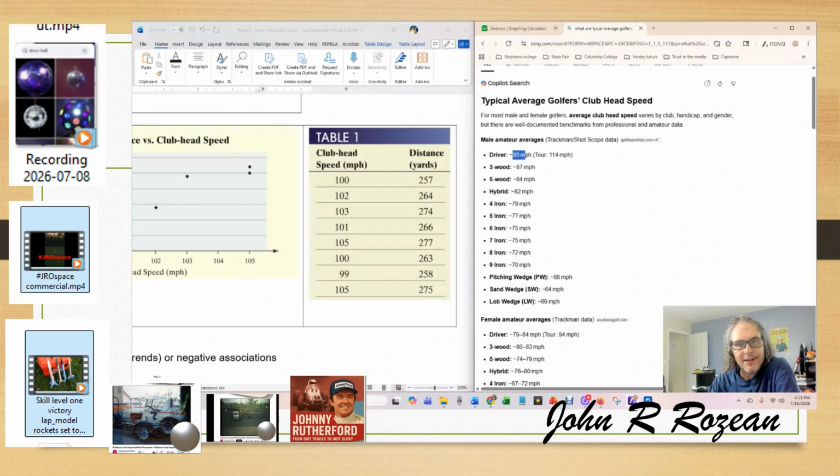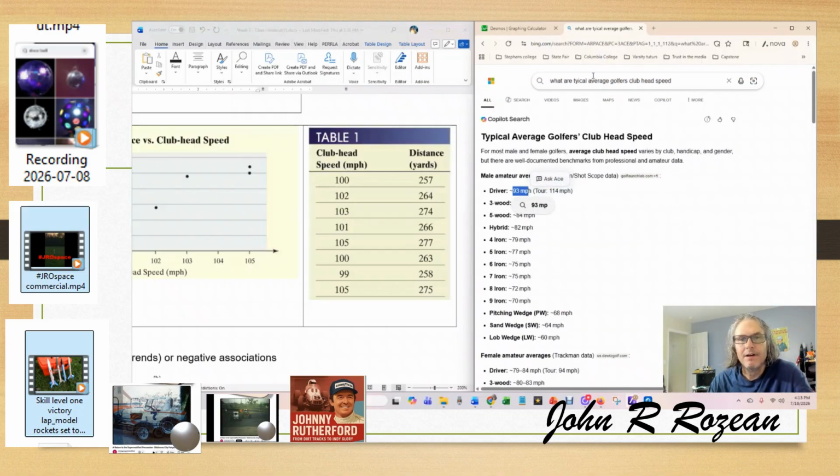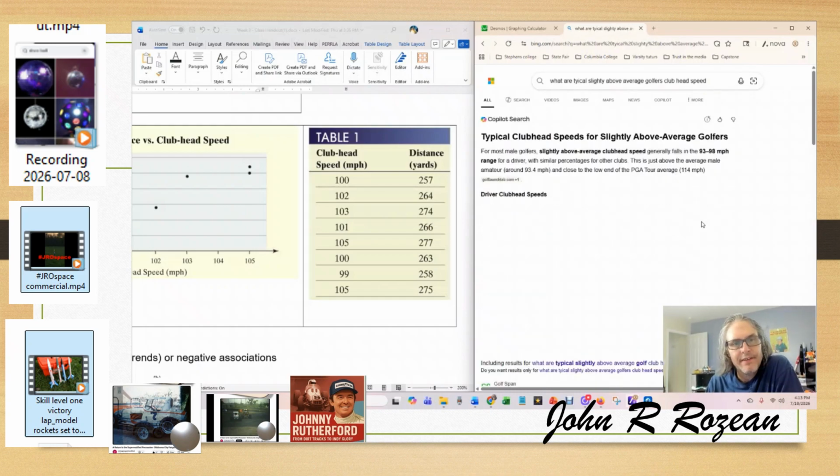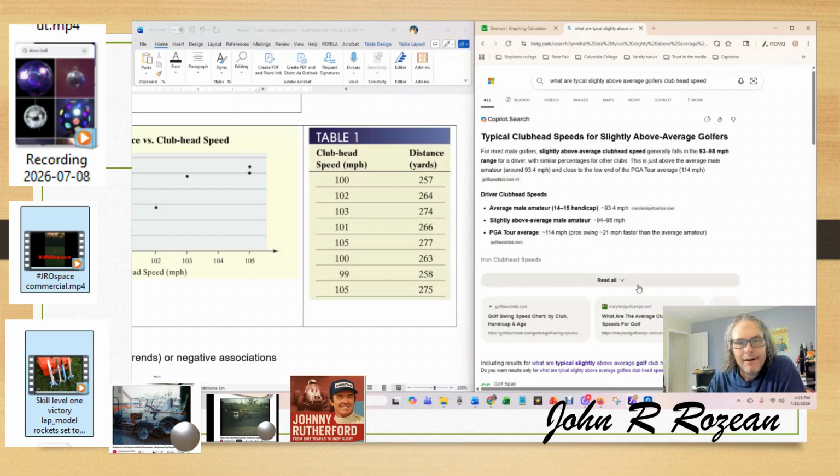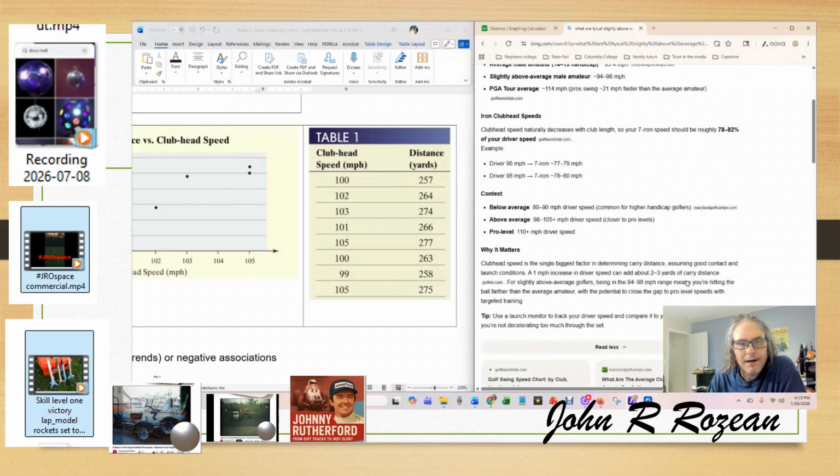The male average is 93. So what I'm guessing is that these are higher level golfers, slightly above. Let's try this one.